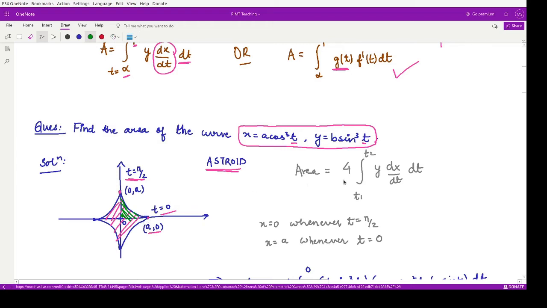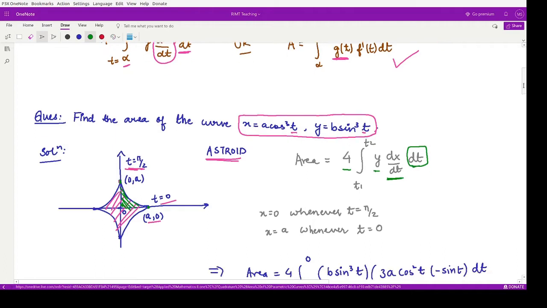So area would be 4 times the area of this particular region, and for this region you have y, you have dx by dt, and you will perform its integration with respect to dt, where the limits of t vary from this point to this point. So here the value of t is pi by 2 and here the value of t is 0.